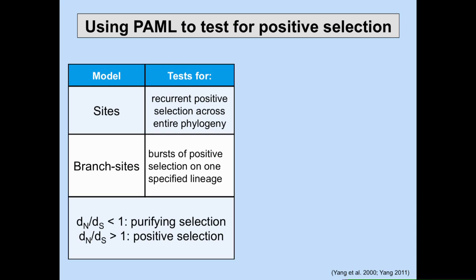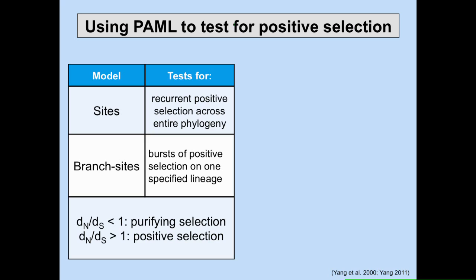We used two different tests. First, the site test, which allows us to test for recurrent positive selection across the entire phylogeny. The way this works is it maintains a constant dN/dS ratio across the entire phylogeny to allow for dN/dS ratio changes in each site of the protein. Next, we used the branch-site test, which tests for bursts of positive selection on a lineage that we specify based upon an a priori hypothesis in comparison to the rest of the background branches on the phylogeny.